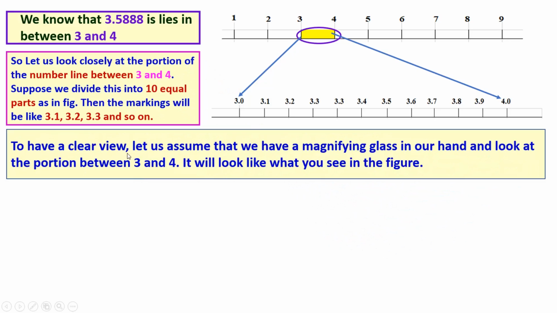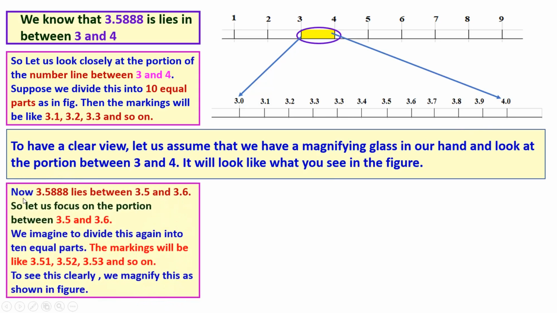To have a clear view, let us assume that we have a magnifying glass in our hand and look at the portion between 3 and 4. It will look like what you see in the figure. When we divide this part into 10 equal parts, we will get like this. Now 3.5888 lies in between 3.5 and 3.6 in this region.